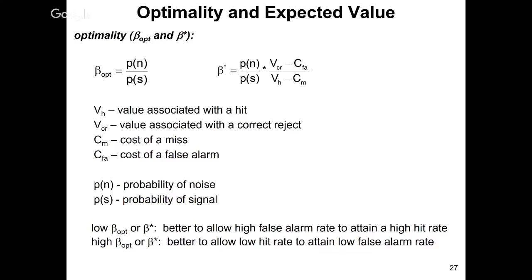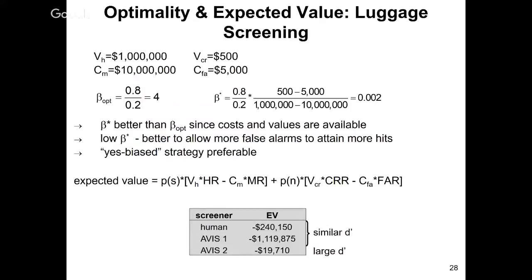I think that'll help make more sense. So this is with the luggage screening. We're going to assume that picking up a hit, I don't know what kind of contraband we're talking about, if this is drugs or bombs or something, but the value of a hit is pretty high, but the cost of a miss is even higher.